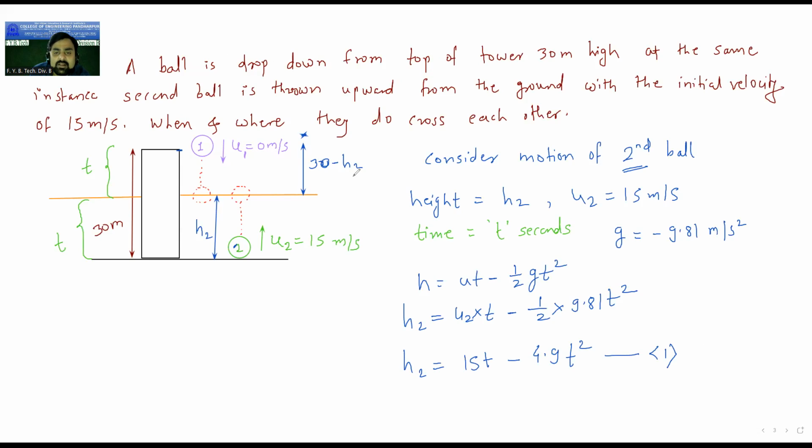This is 30 minus h2. Okay, and what is the value of g here? Is it plus or minus? Plus. Here g is plus because this is moving downward. It is moving in the direction of acceleration due to gravity.